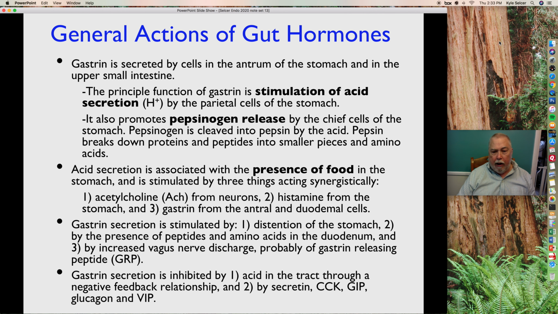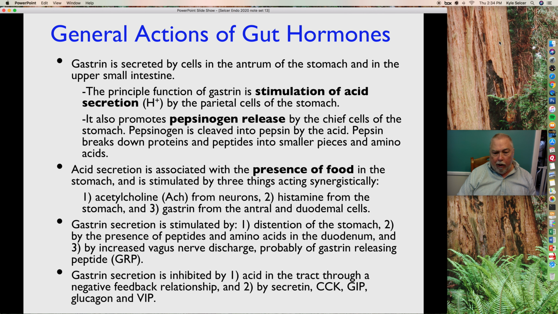Gastrin secretion is inhibited by negative feedback by acid in the tract, mainly at the gut in the small intestine. So if a ton of acid gets in the small intestine, it shuts down gastrin. And by secretin, cholecystokinin, gastric inhibitory peptide, glucagon, and VIP.